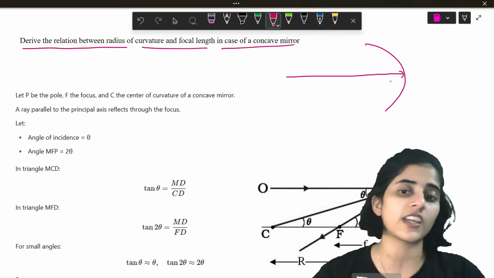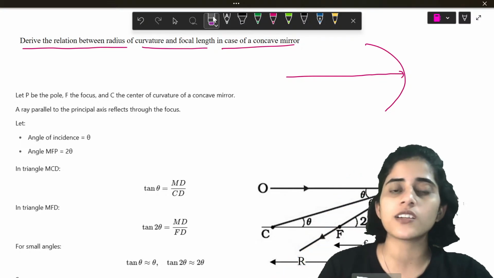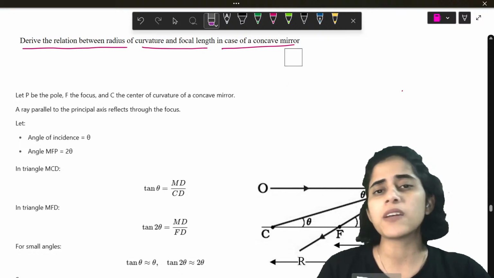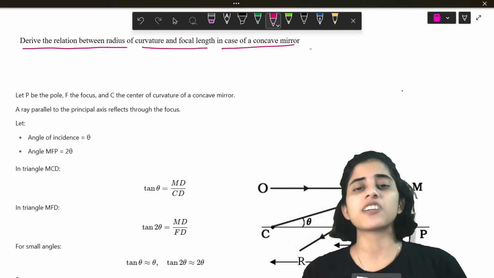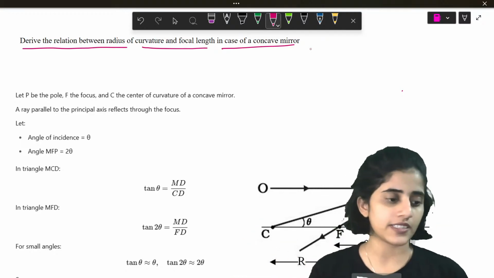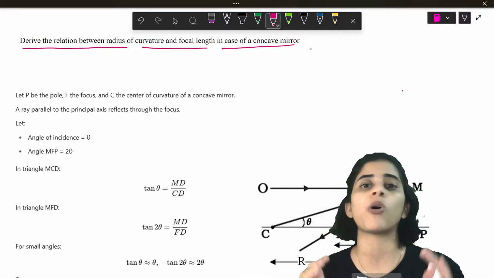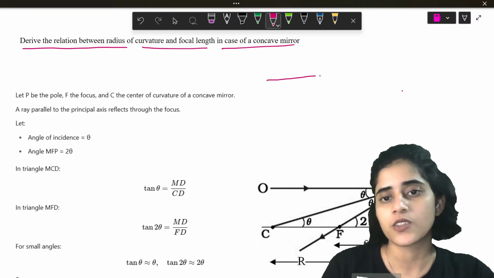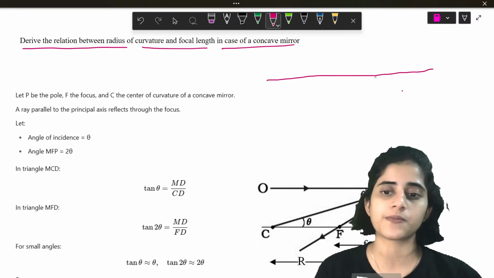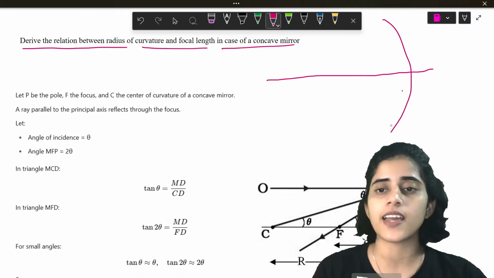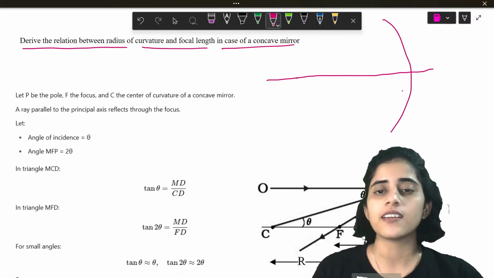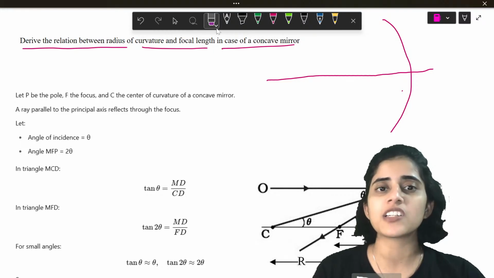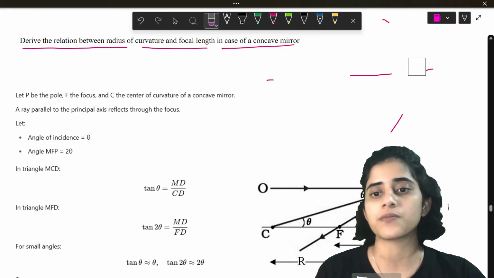In mirrors, lenses and all of that, you find it difficult if you can't understand the diagram. The diagram is the most important thing. So first let me draw the principal axis and then the mirror. Basics first.